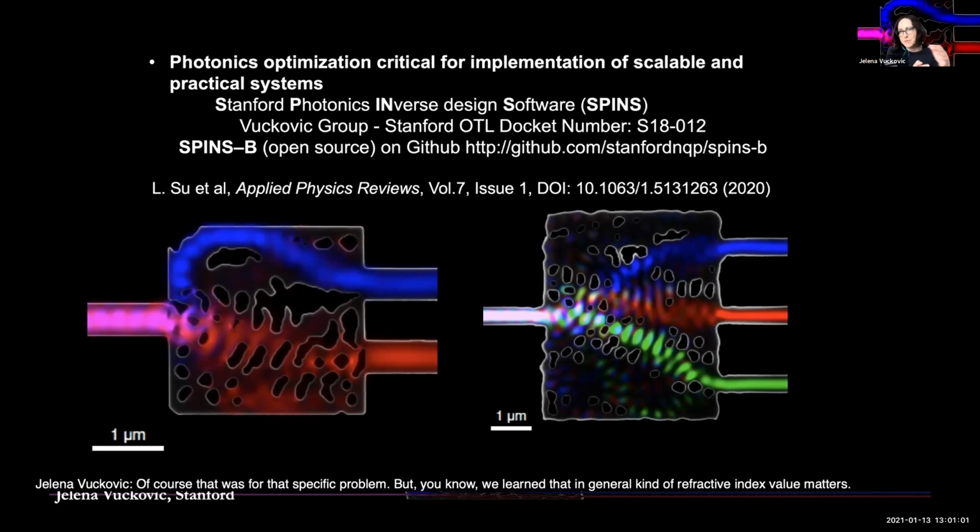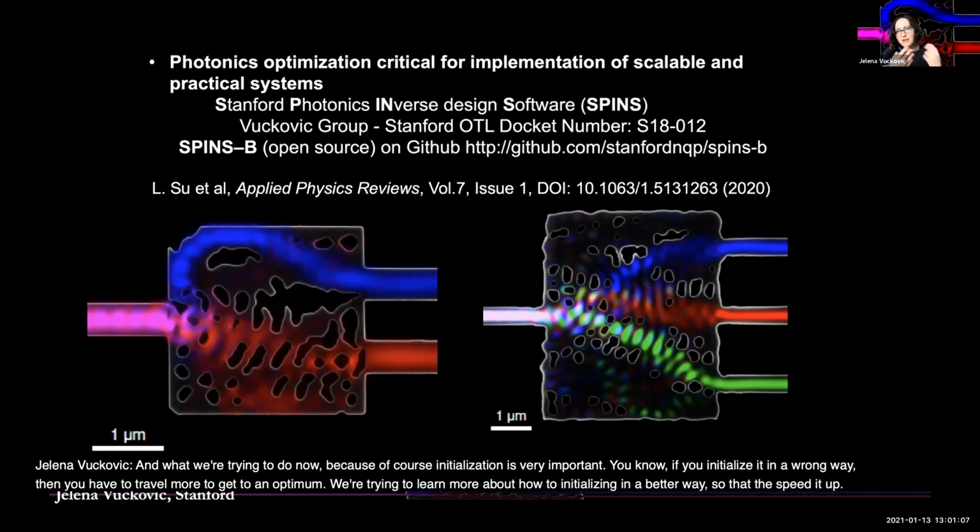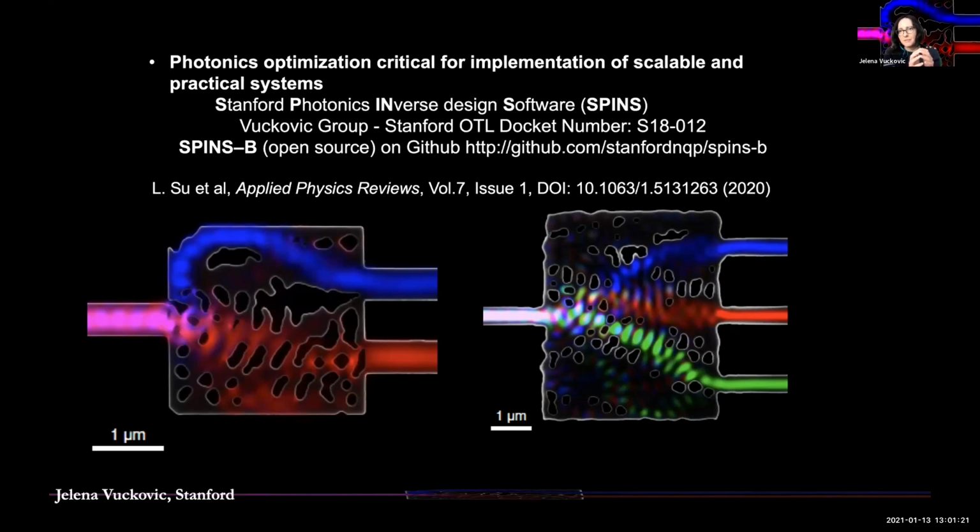Of course, that was for that specific problem, but we learned that in general, the refractive index value matters. And what we're trying to do now, because initialization is very important, is this: if you initialize in the wrong way, then you have to travel more to get to an optimum.